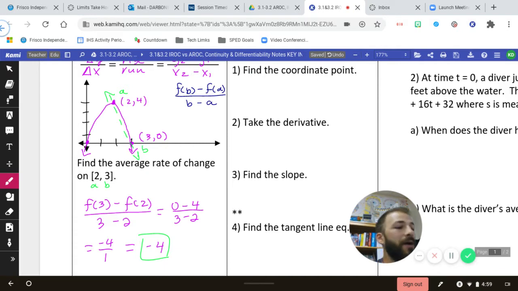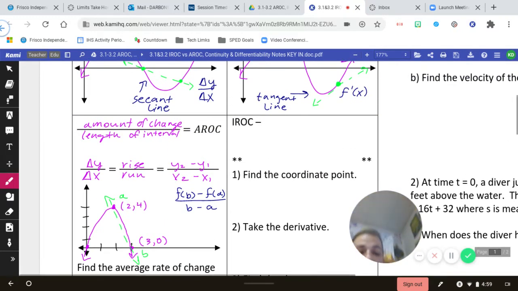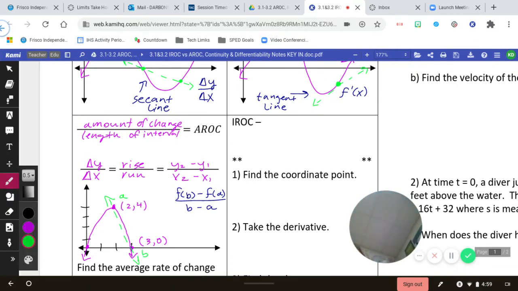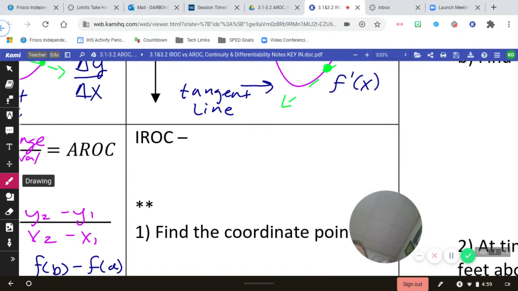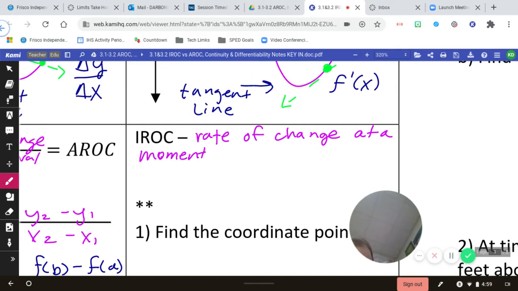Now let's dive a little deeper into IROC. IROC is the rate of change at a moment in time.